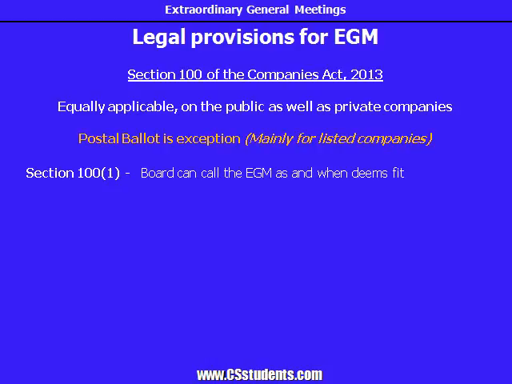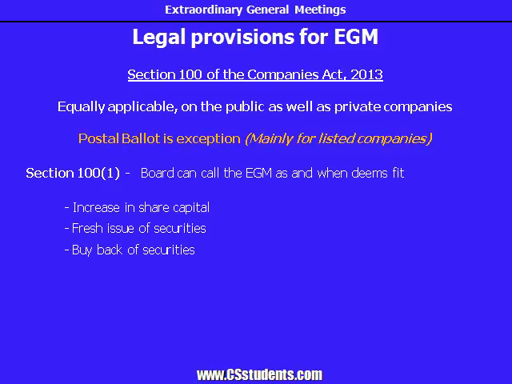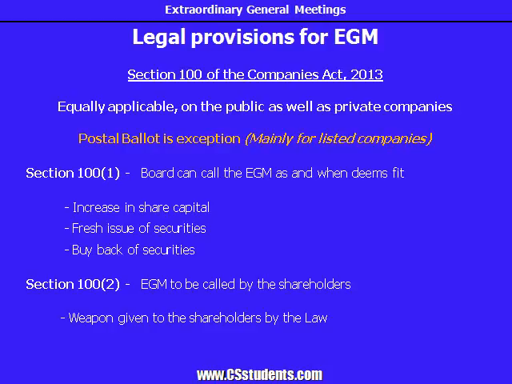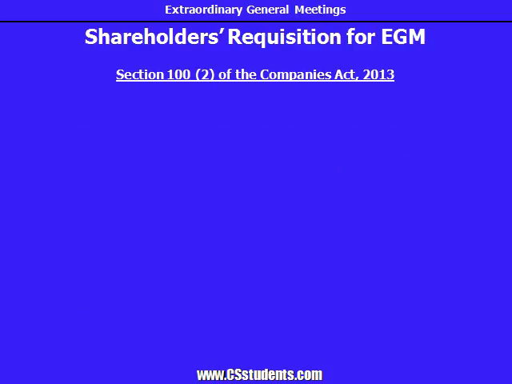For example, increase in share capital, or issue of securities, or buyback, etc. The board can call an extraordinary general meeting. The subsection 2 of section 100 deals with the meeting to be called by the shareholders. This is one of the most important weapon given to the shareholders. The process to be followed.